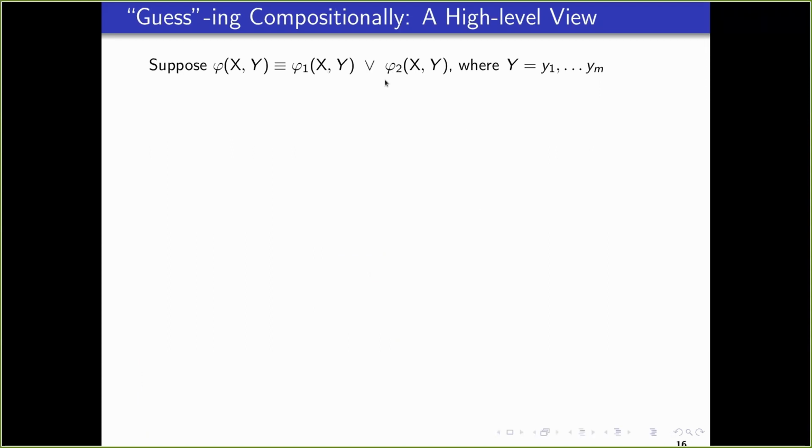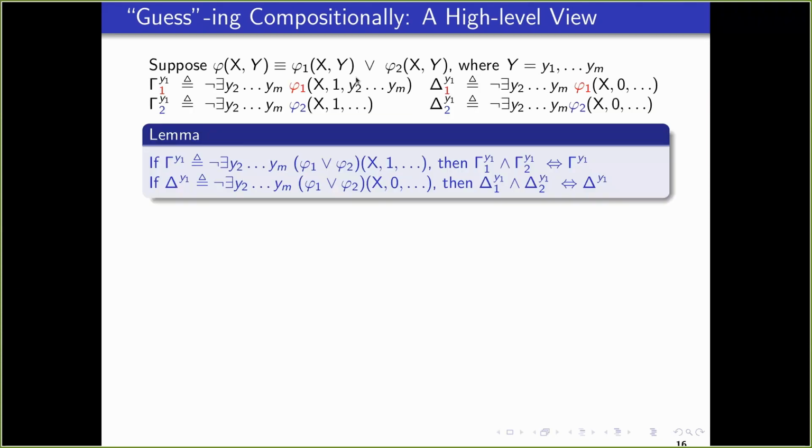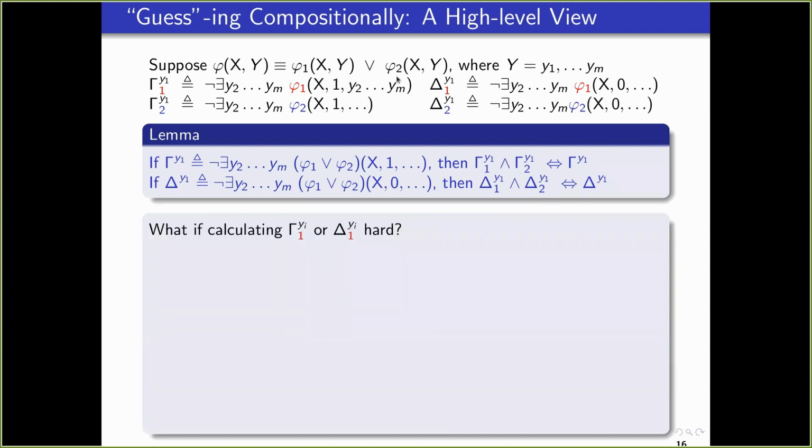If your specification was a disjunction of two subspecifications, it actually turns out that we get exactly the gamma by conjoining the gammas of the two subspecifications, and we get the exact delta by conjoining the deltas of the two subspecifications. So it looks like if we can compute the gammas and deltas of the subspecifications, then we can combine them to get approximations to the gamma and delta of the overall specification. And from there, we may be able to guess the Skolem function of the overall circuit.